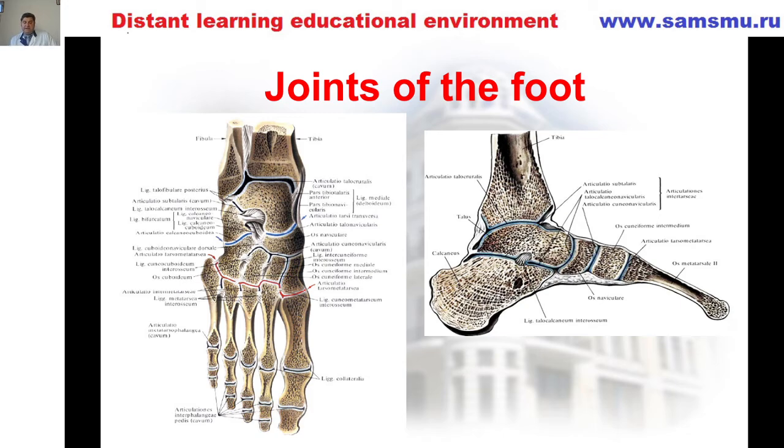The medial deltoid ligament here has the appearance of a plate resembling the Greek letter delta in shape. The lateral ligament is formed by three bundles passing from the lateral malleolus in three different directions. Forward, the anterior talofibular ligament, downward, the calcaneofibular ligament, and backward, the posterior talofibular ligament.